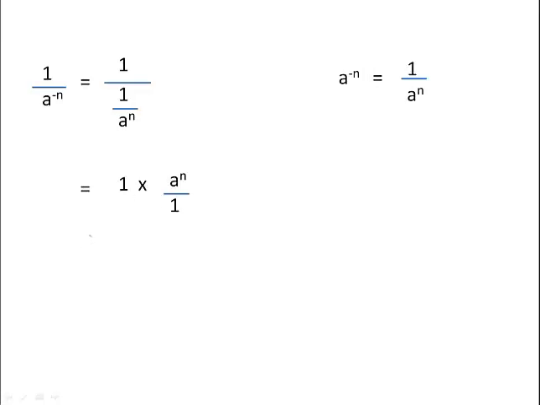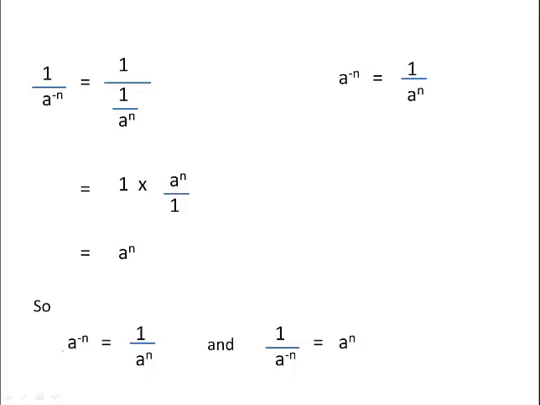So this is the same as 1 times a to the power n over 1, or a to the power n. So in fact, we know now that any value to a negative power is the same as 1 over that value to a positive power, and that 1 over any value to a negative power is the same as that value to a positive power.